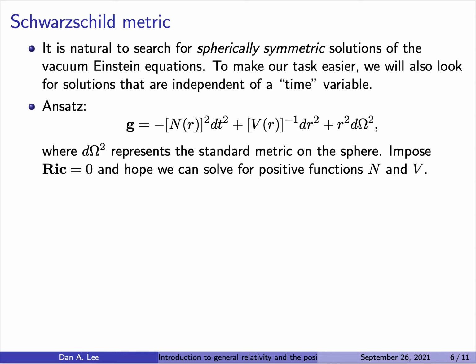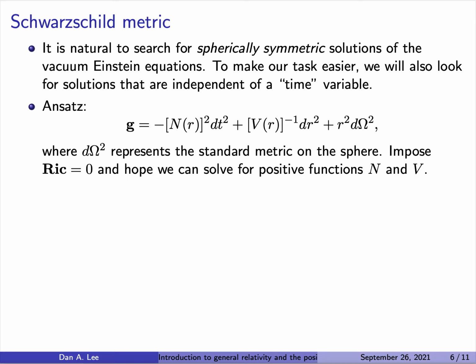Why is it n squared and v to the minus 1? Well, that's just because it turns out a little bit nicer if I use those choices. But basically, the important thing is there's two unknown functions of r alone that we want to solve for, or hope to find examples where this solves the vacuum Einstein equations. So to do this, we're going to impose Ricci equals 0 and hope we can solve for positive functions n and v.